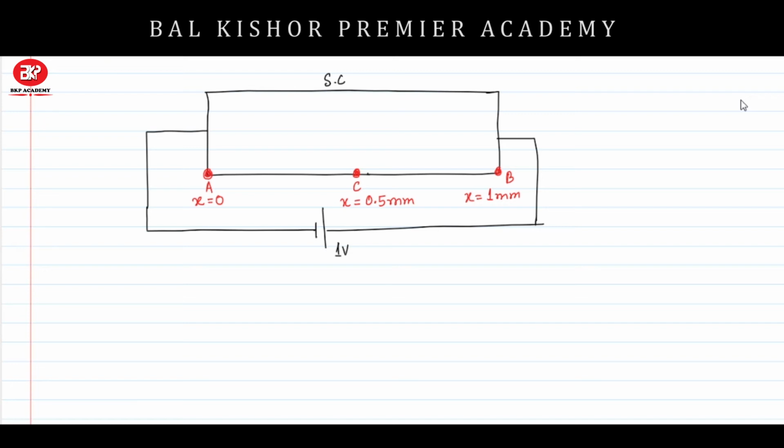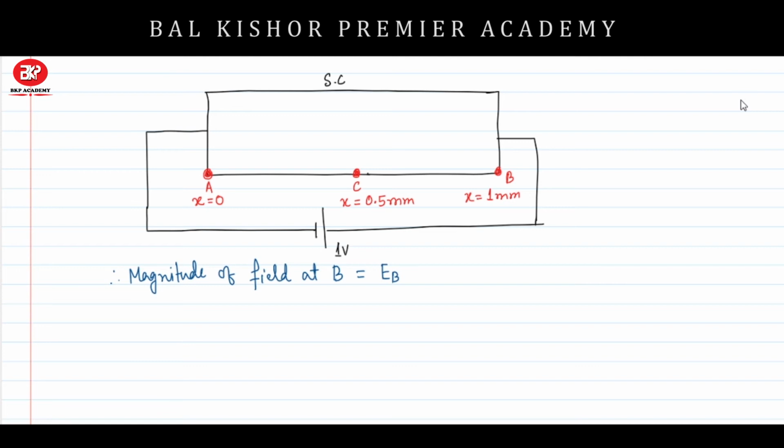Now if we want to find the magnitude of the field at B position, we can write the magnitude of the electric field at B position as EB.